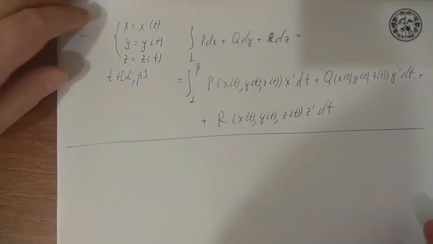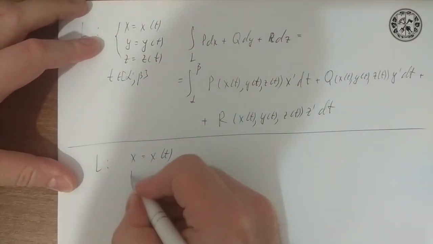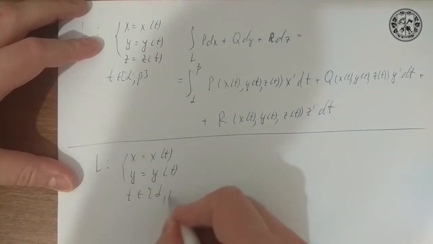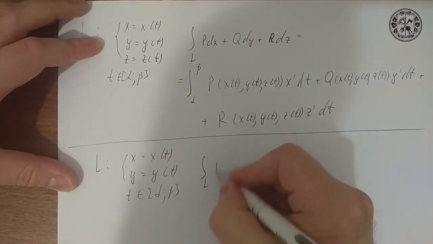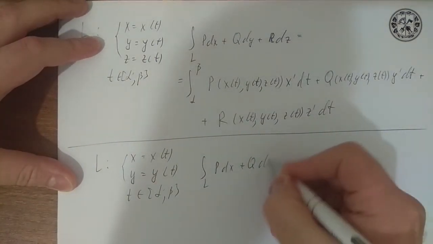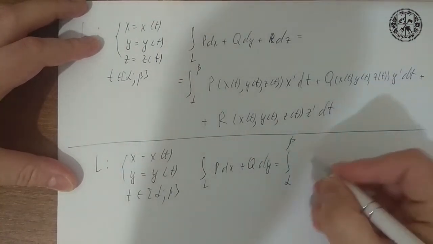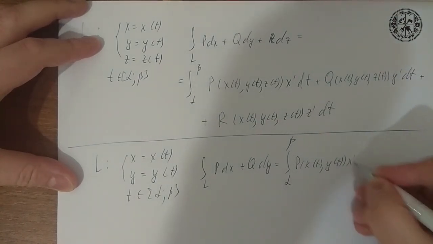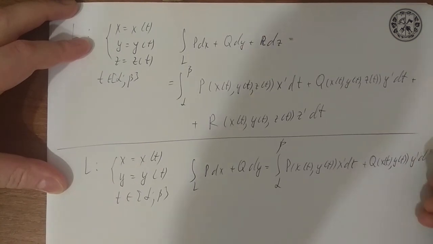Second approach: if we have a two-dimensional curve, which is also specified in a parametric way, we will get pretty much the same. The integral over L of P dx plus Q dy will transform to the integral from alpha to beta of P of x of t, y of t, x prime dt plus Q of x of t, y of t, y prime dt.